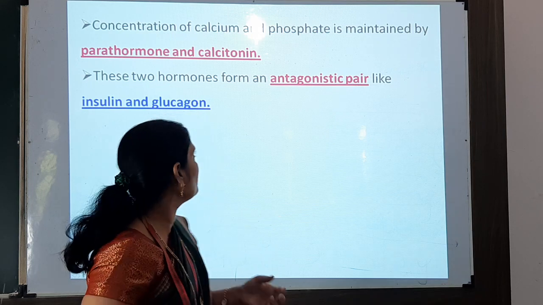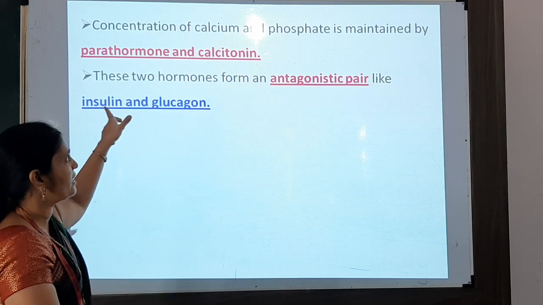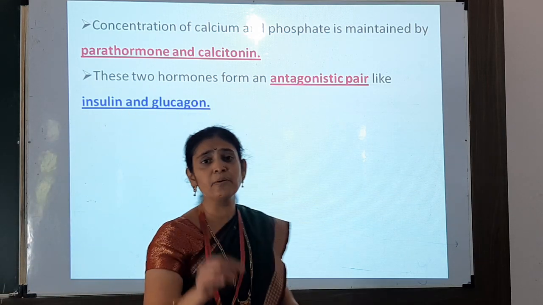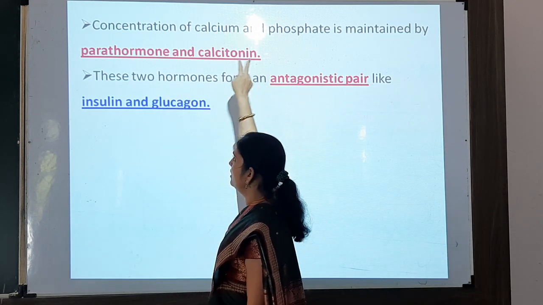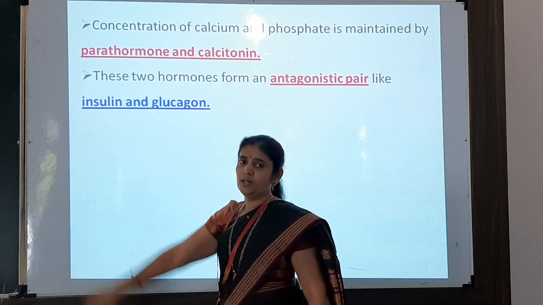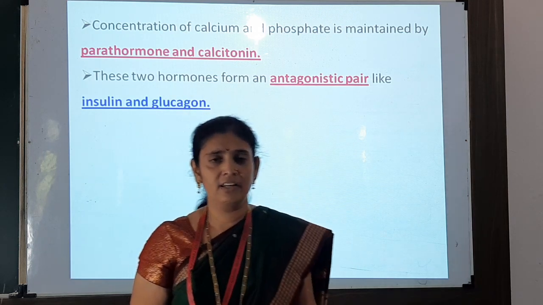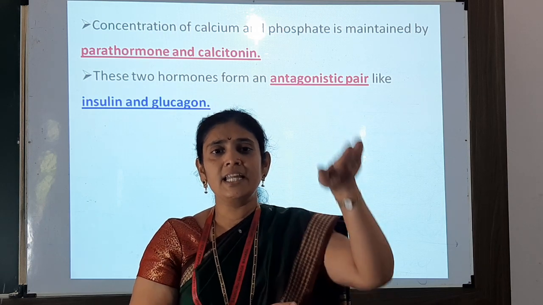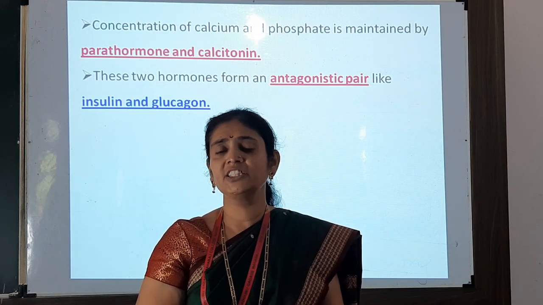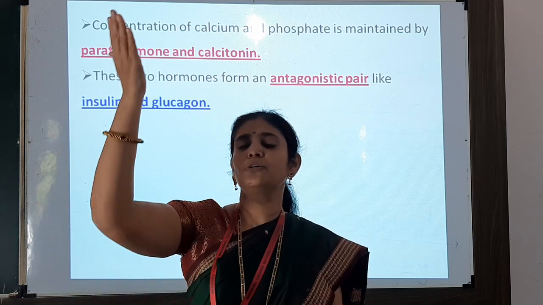So here lastly we can see the concentration of calcium and phosphate is maintained by the 2 hormones, parathormone and calcitonin, and therefore these hormones form an antagonistic pair. Antagonistic means opposite to each other. One is decreasing calcium concentration and the other is increasing calcium concentration.